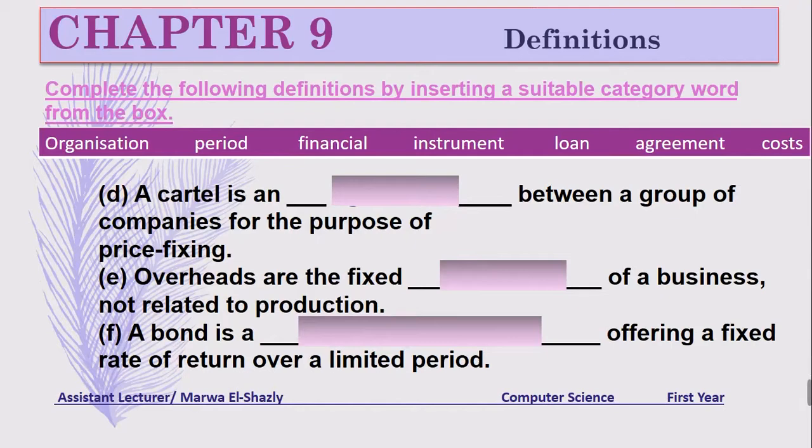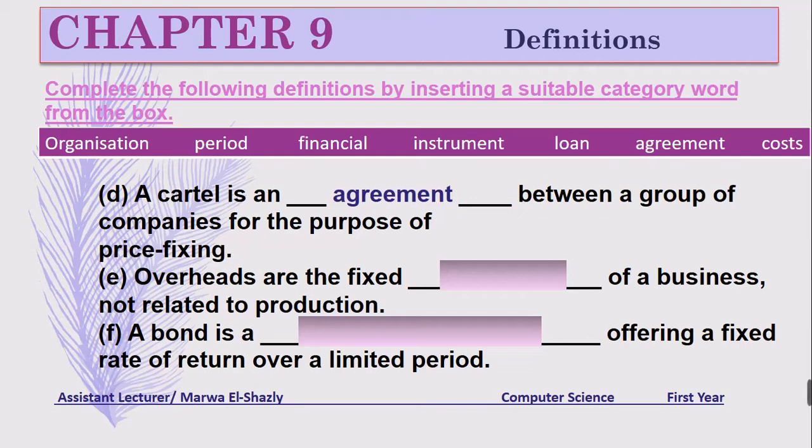D: A cartel is an agreement between a group of companies for the purpose of price fixing. Okay, between companies عشان يثبتوا ال prices أو يثبتوا الأسعار. Yes, it's an agreement, اتفاقية ما بين ال companies. So cartel means استحواذ اقتصادي أو احتكار اقتصادي.